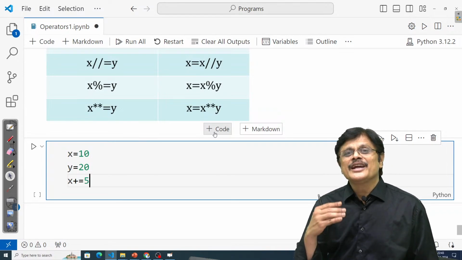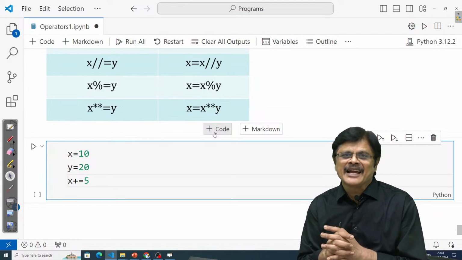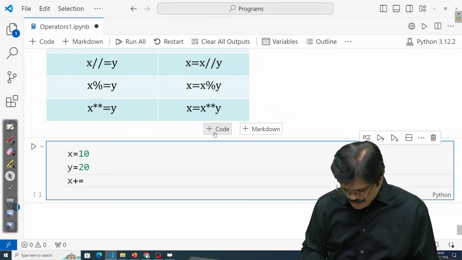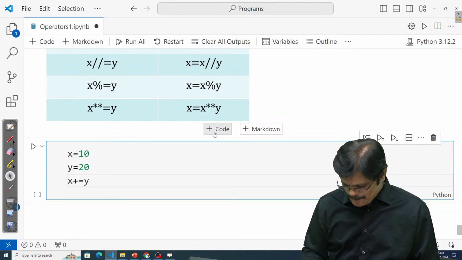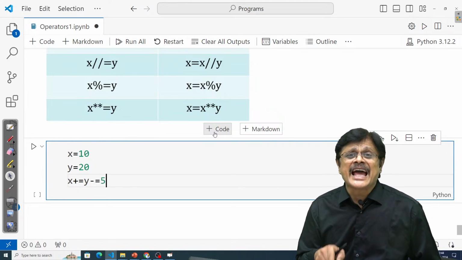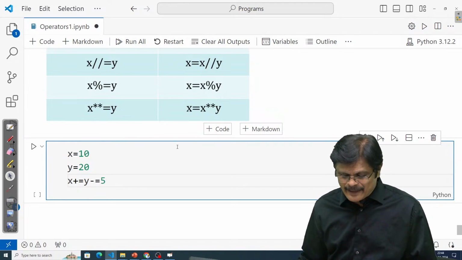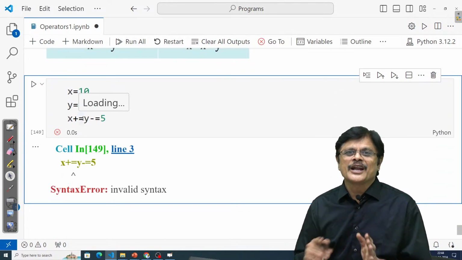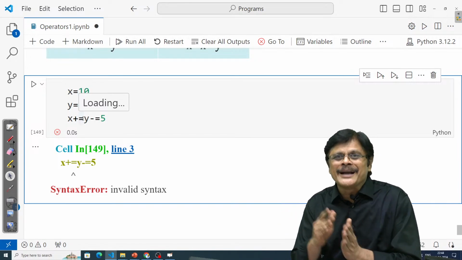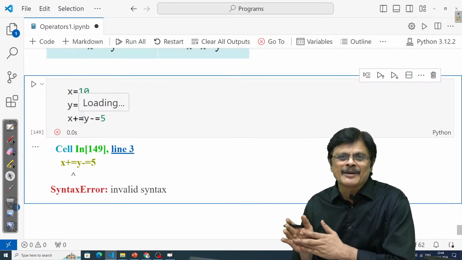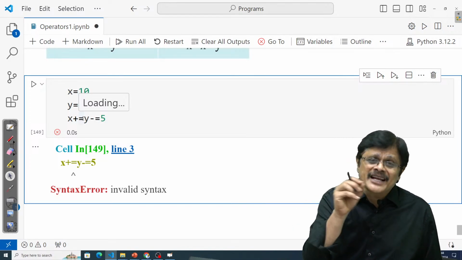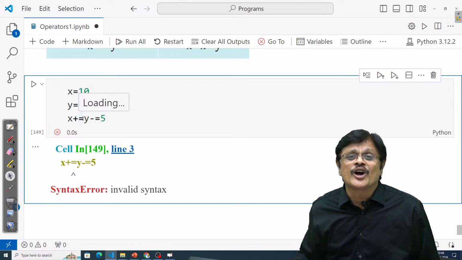In C language, we can go to the next level, something like Y minus is equal to 5. This is accepted in C language, but in Python it is invalid. You cannot do it in multiple levels in Python, because here we are passing the reference of the object to the variable. So this is not allowed in Python.